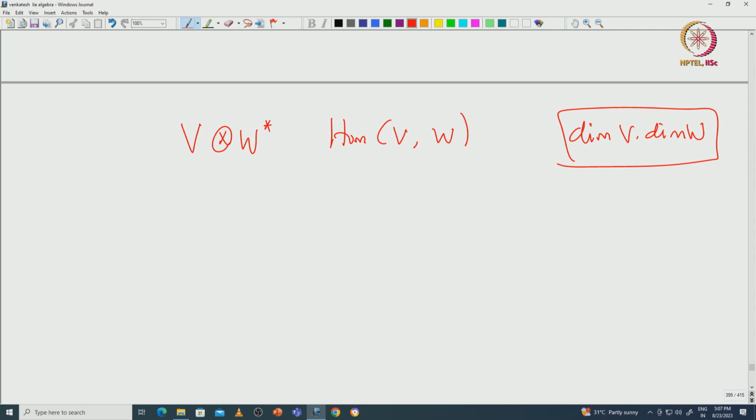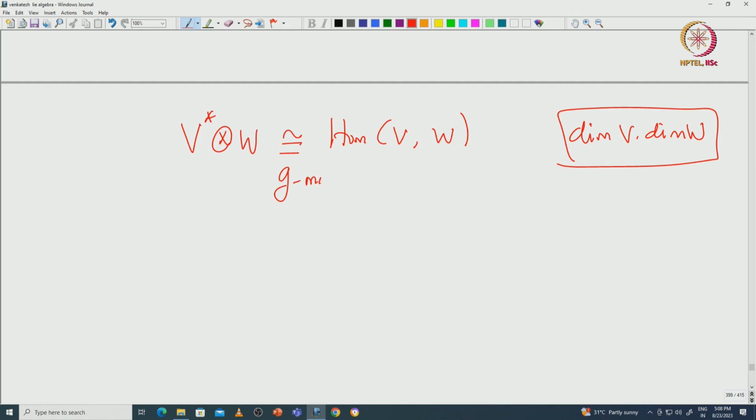I leave it to you to find that natural isomorphism, and then using it you can prove that this is indeed isomorphic. I will leave it to you to check that this is indeed a G module isomorphism if V and W are G modules.